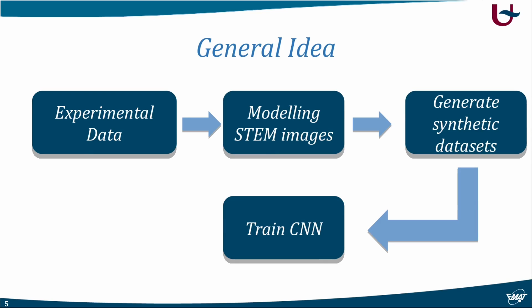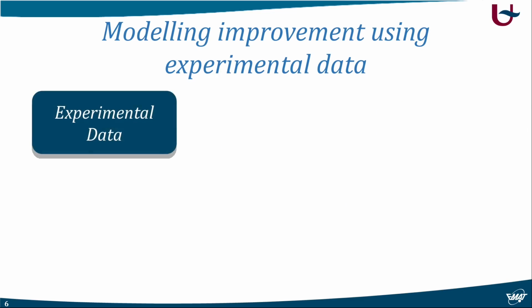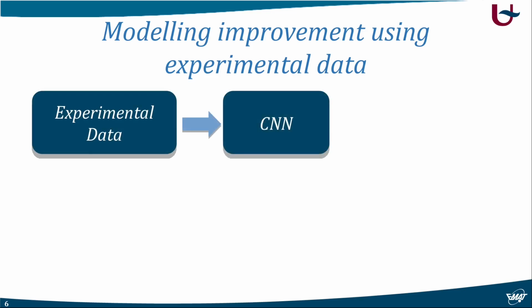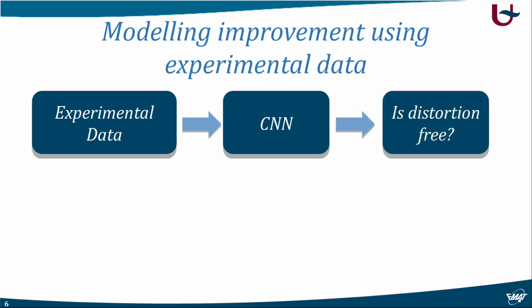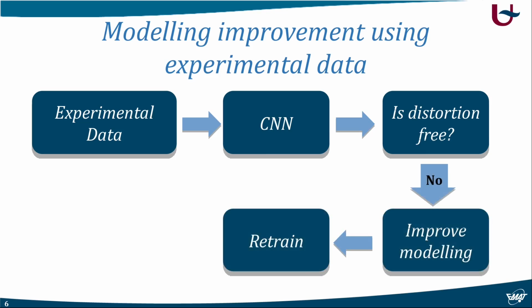But we can actually do a bit better than that. With our first trained model, we can then go back, use experimental data, feed that into the convolutional neural network, and see if the result is what we expect. So if it turns out that we get artifacts or we have some distortions left in the restored images, we can go back and improve our modeling and retrain the neural network.